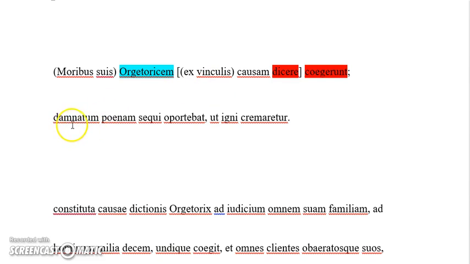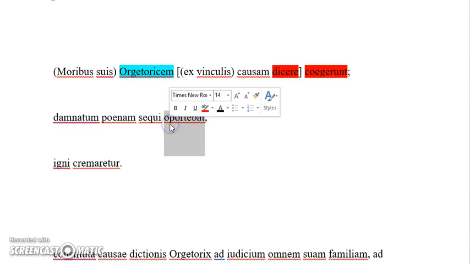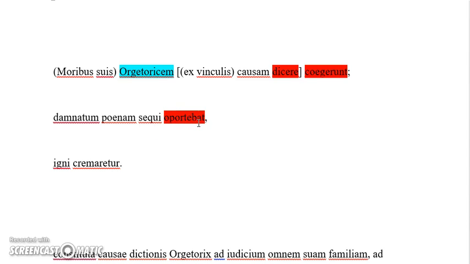Having been found guilty. Now this really hasn't happened yet, so we can say if found guilty. It was necessary. This is an impersonal verb, and it's in imperfect tense.